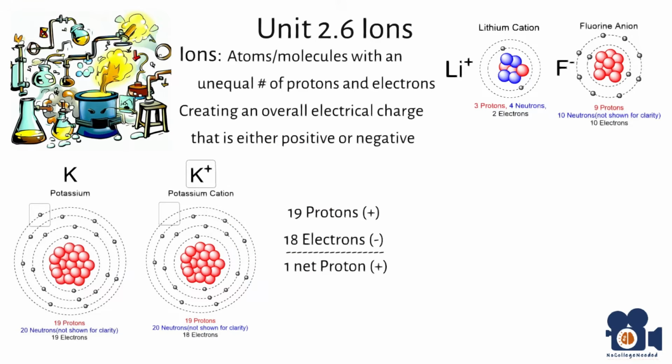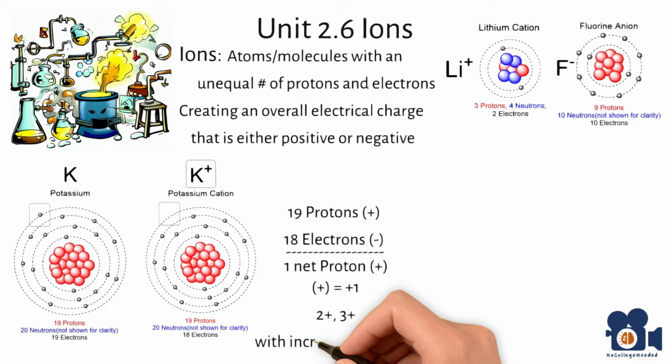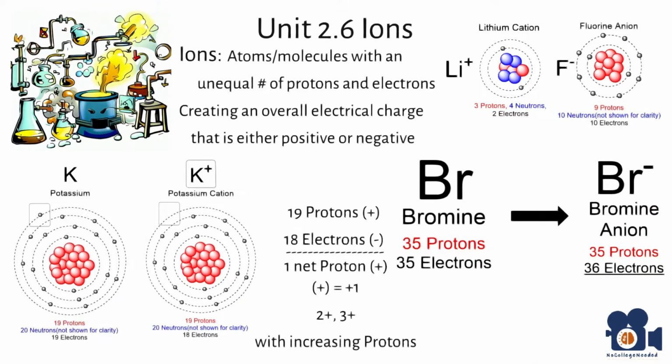The plus means +1 with each increasing net proton. The positive charge increases to 2+, 3+, and so on. The opposite is true in gaining of the electron, which we can see in bromine. Bromine has 35 protons and 35 electrons, and quite easily gains an electron, again we'll go over why in the upcoming units, to have 36 electrons.